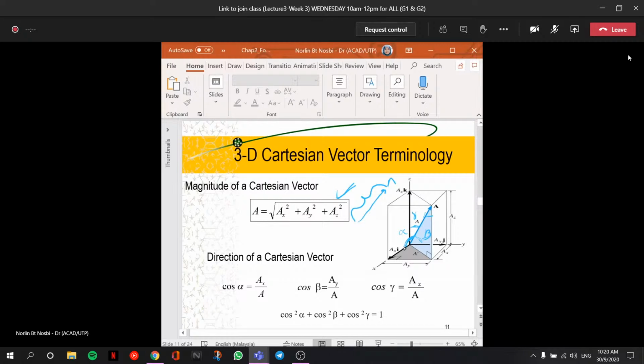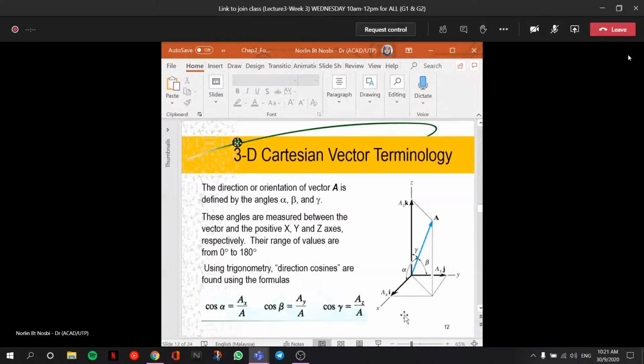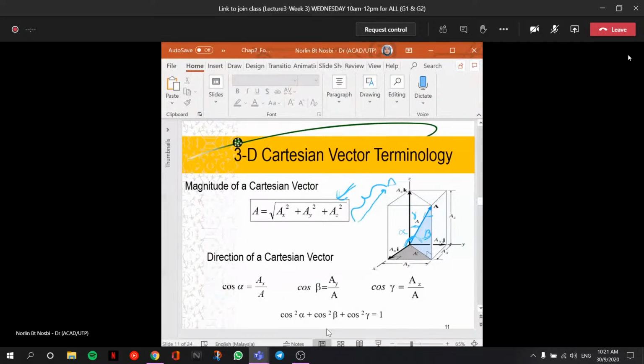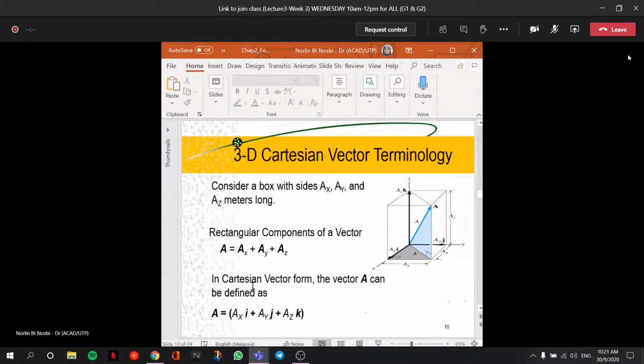And for the direction, the angle formula here shows you the angle value of the vector. The previous slide, sorry, this one is where the vector is at the end point; the coordinate of the vector, you have to use this formula.